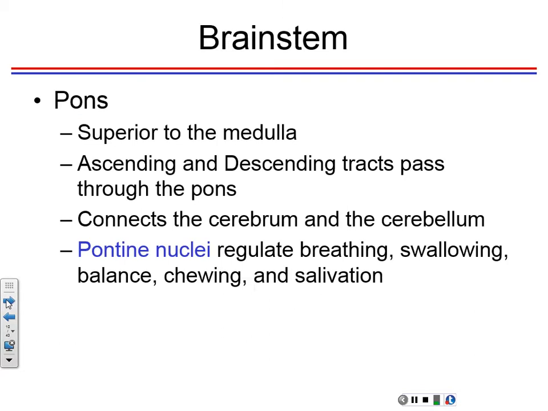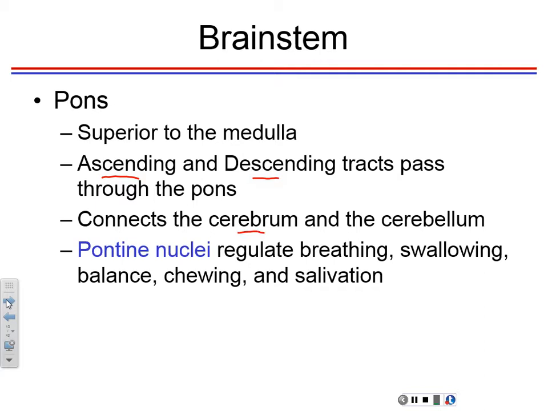Still on the brainstem now, the pons. The pons is the mid piece of the brainstem, and we said it's like a bridge. It connects the upper parts of the brain to the lower parts of the central nervous system. It also has ascending and descending tracts that pass through, and it connects to the cerebrum and the cerebellum.